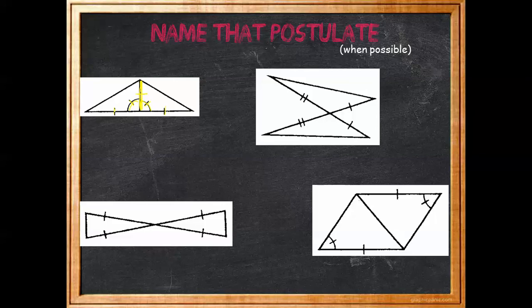So we have a side that's congruent, and we have an angle that's congruent, and then according to the reflexive property, we know that this side is congruent to itself. So we can prove that these two triangles are congruent according to side, angle, side.